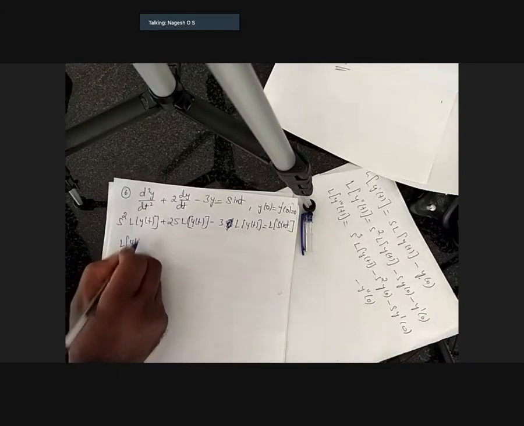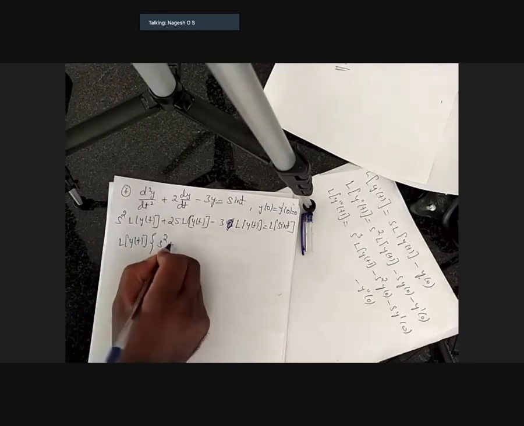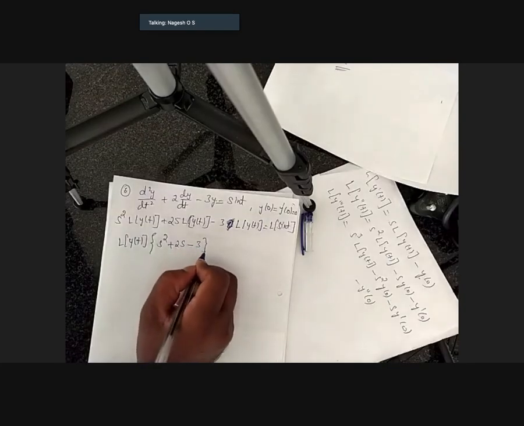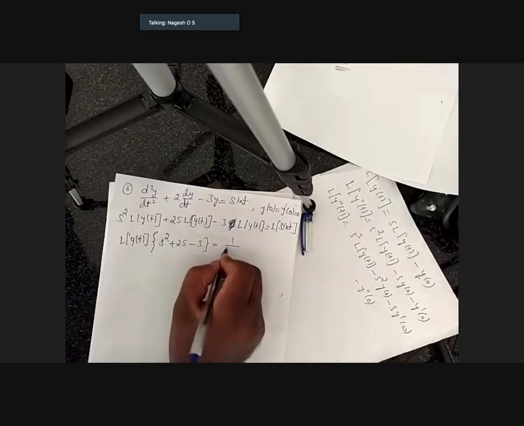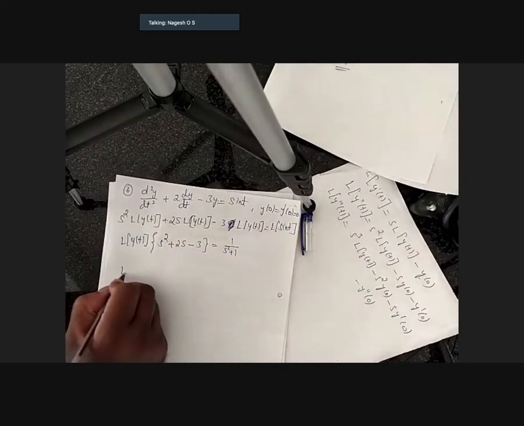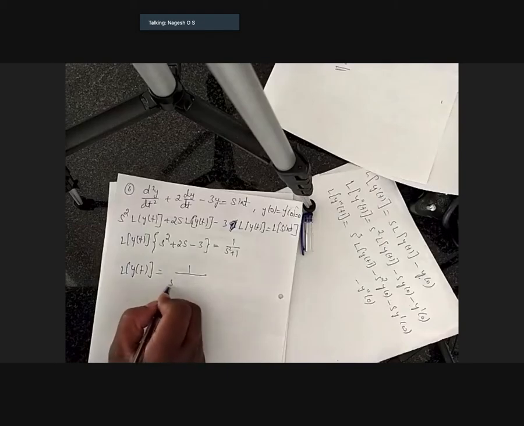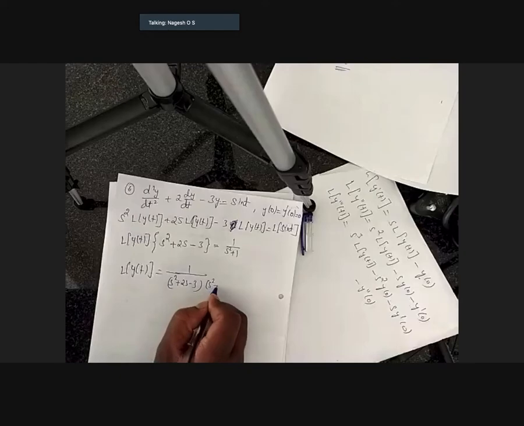Take L of y of t common in these three terms. s square plus 2s minus 3 is equal to 1 by s square plus 1. Correct? I need L of y of t equal to 1 by s square plus 2s minus 3 into s square plus 1.